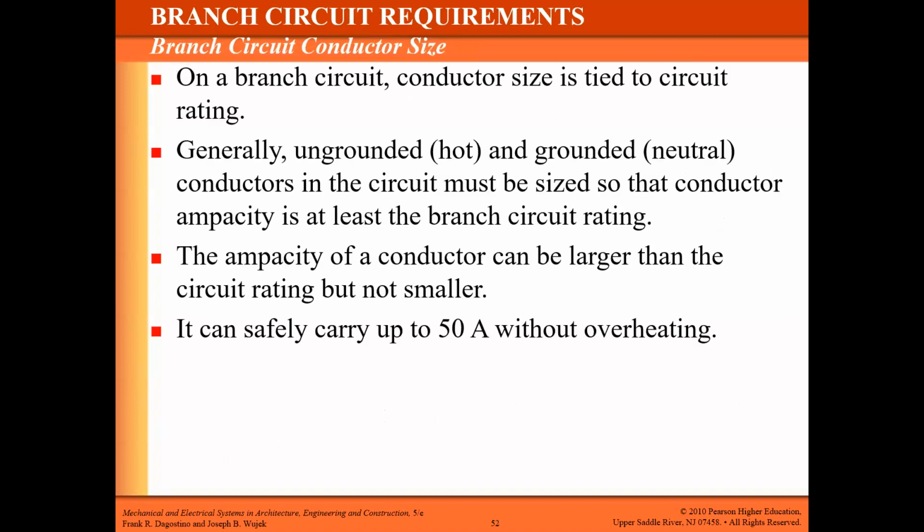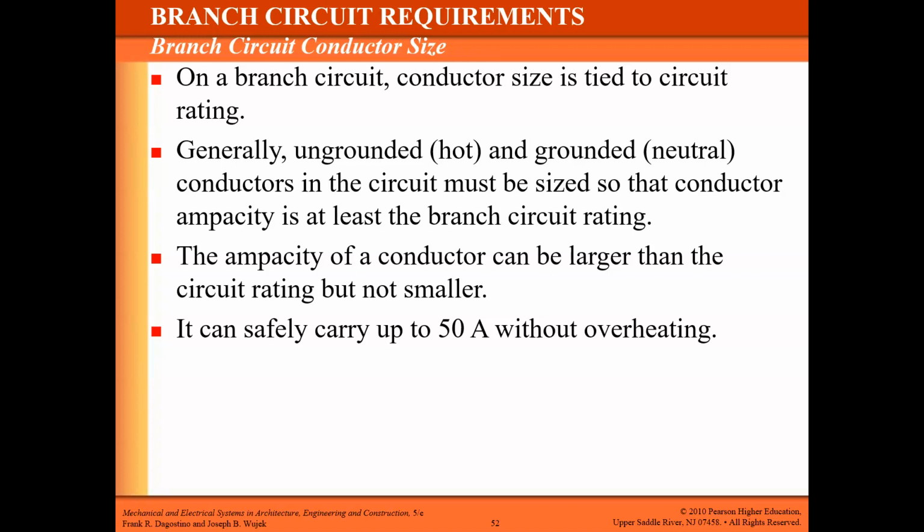So just going back one slide, something I sort of skipped over and missed, I want to mention the ampacity of a conductor, that is the wire, can be larger than the circuit rating, but not smaller. In other words, if we are going to run a 15 amp breaker, we can certainly run larger wire than that overcurrent protection is protecting for.